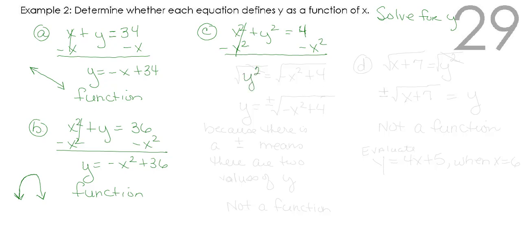We have y squared is equal to negative x squared plus 4, or 4 minus x squared, it doesn't matter. But to solve for y, we have to do what? Take the square root. And then we have y is equal to plus or minus the square root of negative x squared plus 4.